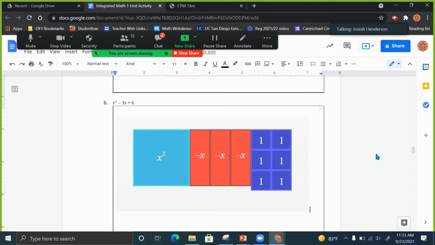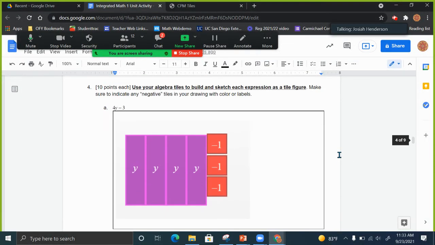Okay, I'm going to wait 10 more seconds on 4B and then we'll scroll up to 4A. Just in case anyone needs to see that, and then we'll jump into the rest. Now, here's 4A, if anyone needs to see 4A again.